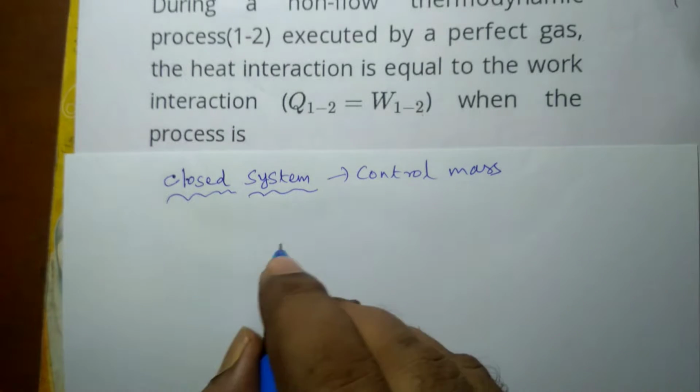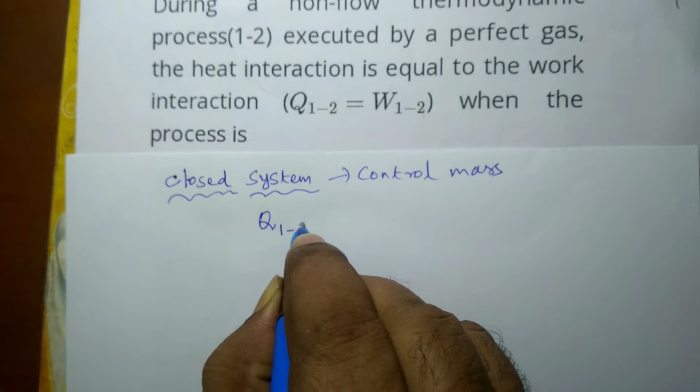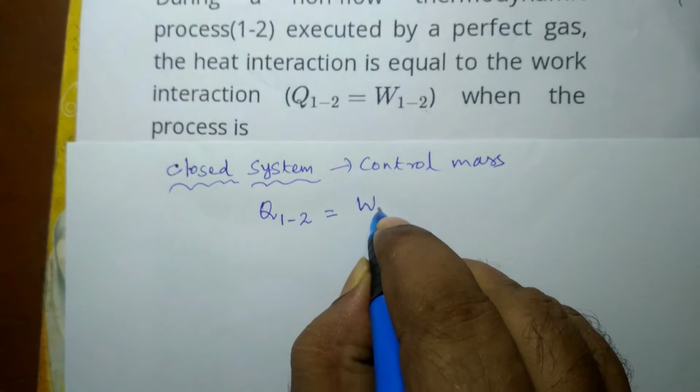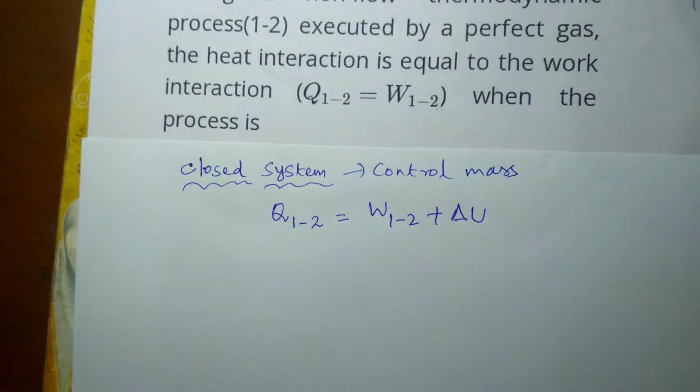Here the first law equation for any process is Q12 is equal to W12 plus delta U. That we have already discussed in our lecture series.